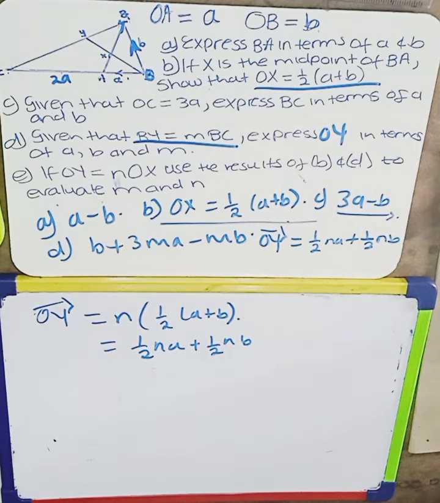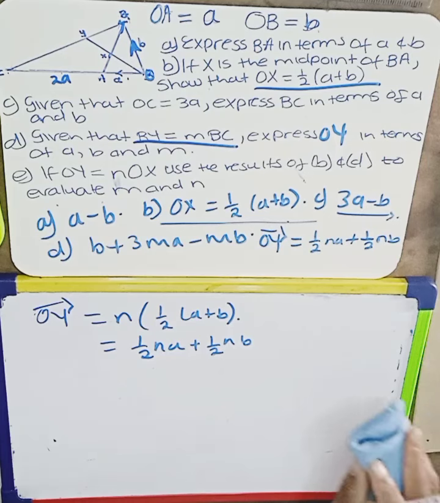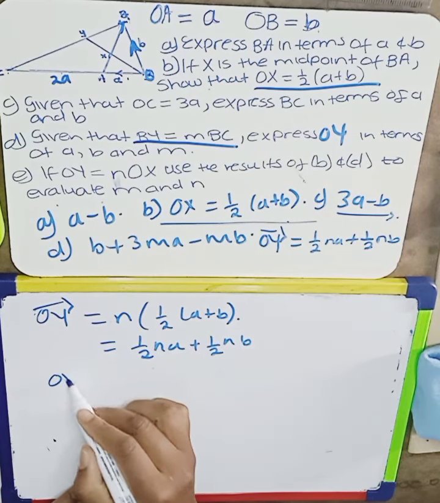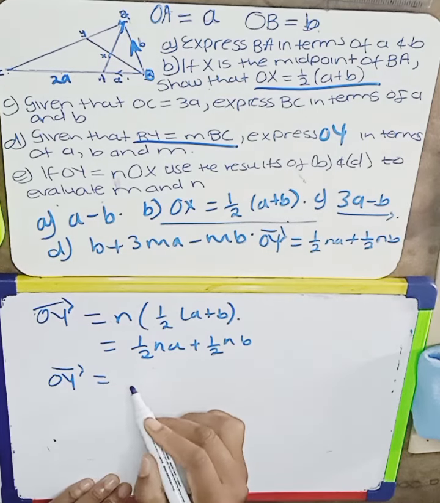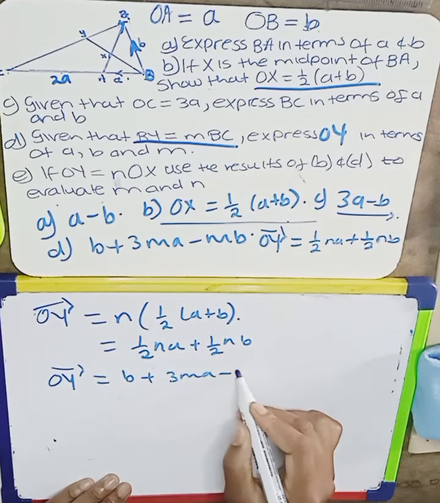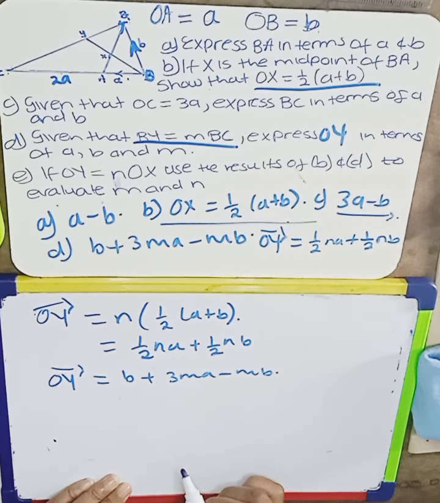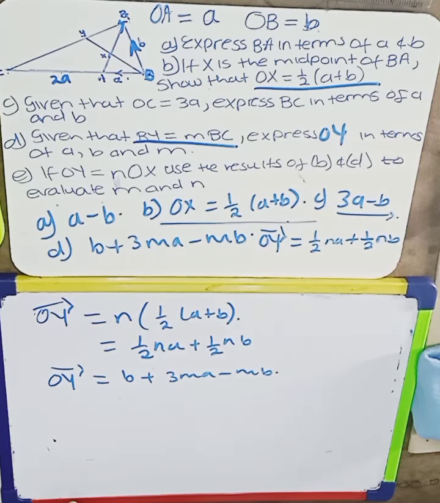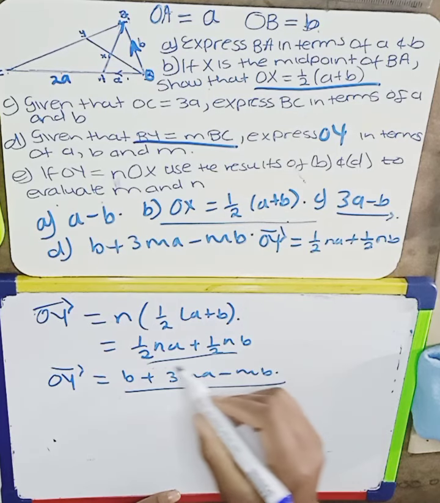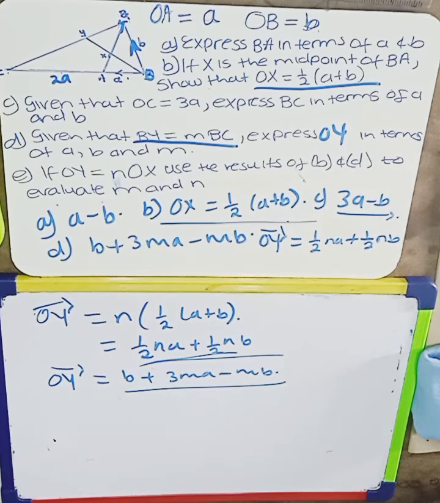All right. Okay. So remember in part D, we got our OY as B plus 3MA minus 3MB, right? So now they said using these results, find the value for M and the value for N. How are we going to do that? We are simply going to equate these two equations and then solve for M and N, okay?